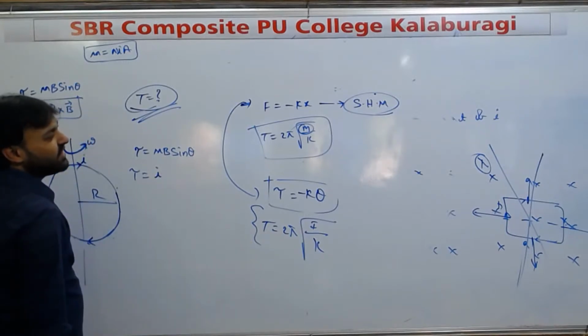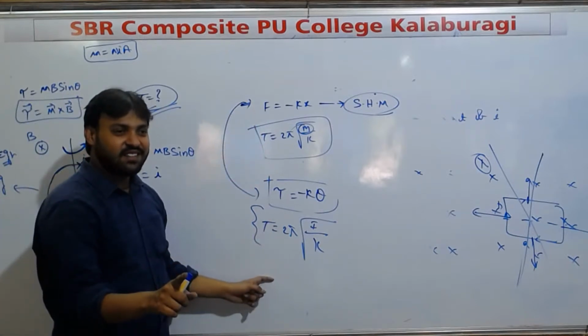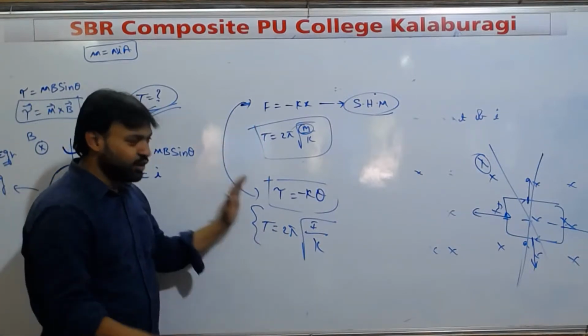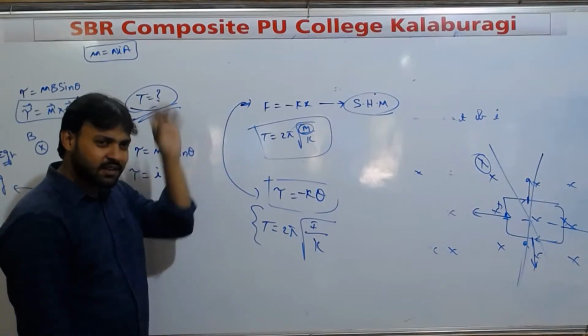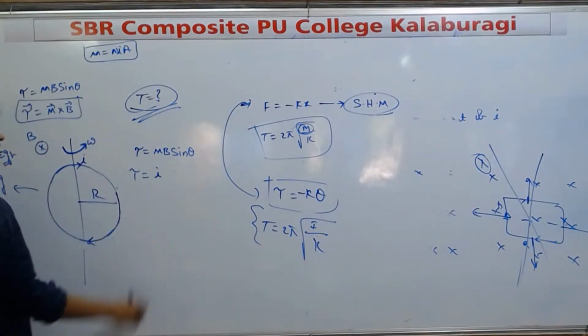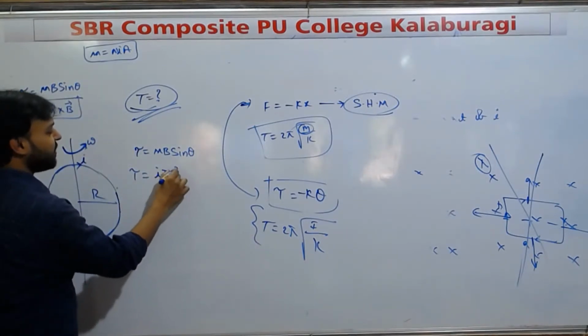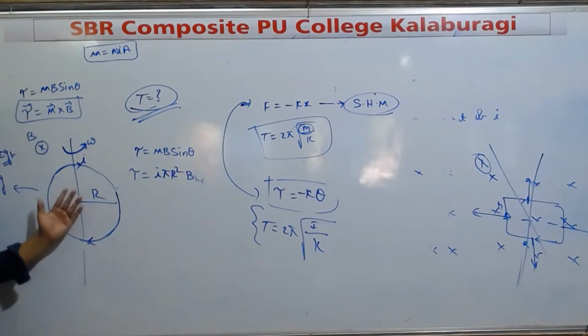Yes or no? Understood these points or not? Recall the things you know. Not telling you don't know, but might be forgotten. Tell your subconscious mind to call it back. So I pi r square. What is the magnetic field? B sin theta. The angle I rotated is very small.